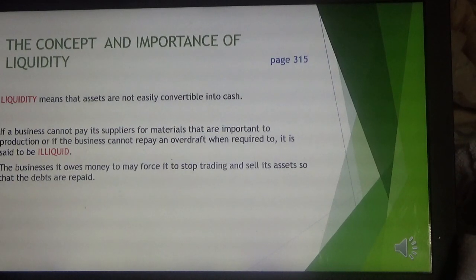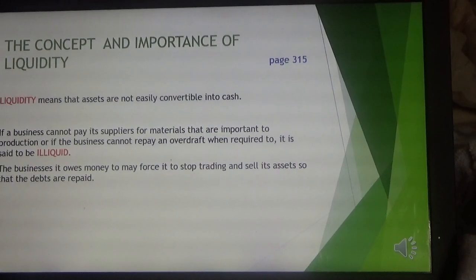So when you say liquidation of assets, that means trying to sell or get rid, perhaps through bidding or private or personal selling, and the goal is to acquire cash in order to pay or repay those people who are expecting payment from the said business. Okay, so next slide, we shall go to the liquidity ratios.